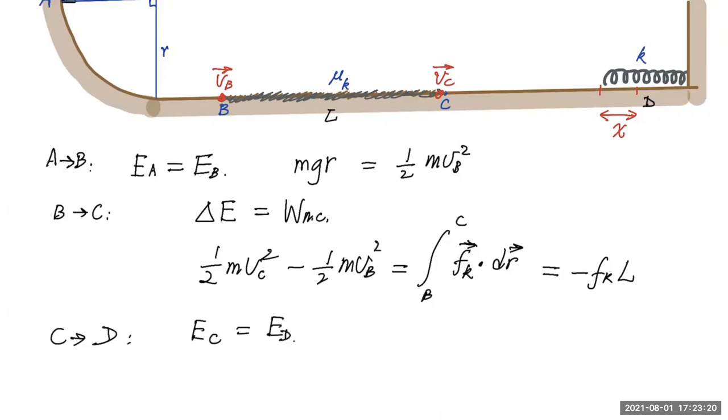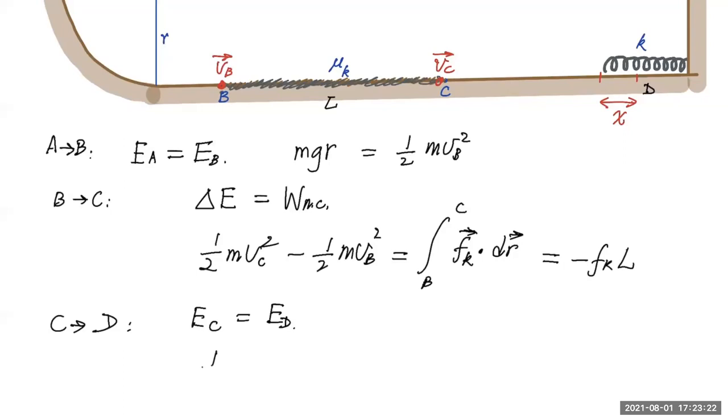And EC is only kinetic. You have 1/2 mvC squared, right? And ED is purely elastic potential energy. That is 1/2 kx squared. So that tells you what x is, right?